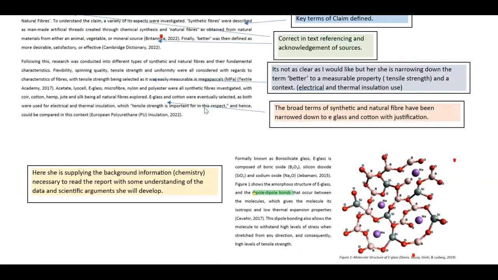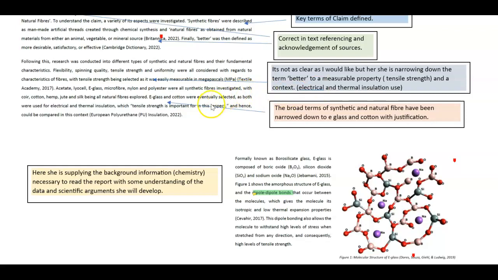In the next part, she's given a little bit of background information, but it's not terribly clear. She is attempting to narrow down that term better into some kind of measurable property. She's referred to tensile strength, which is also given a context in which tensile strength might be important, which is electrical and thermal insulation use.